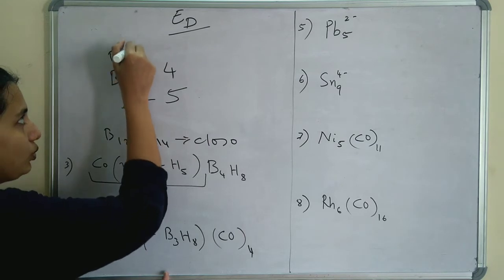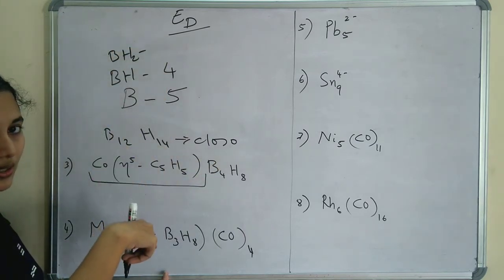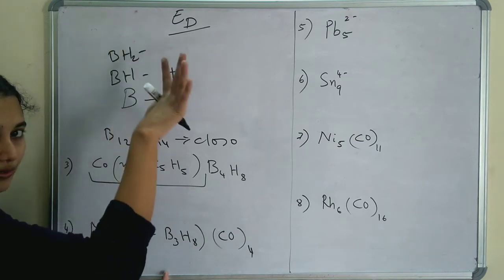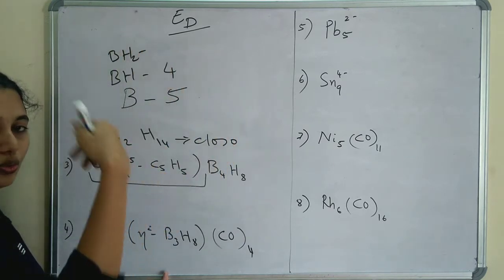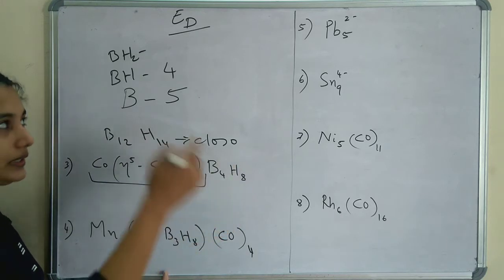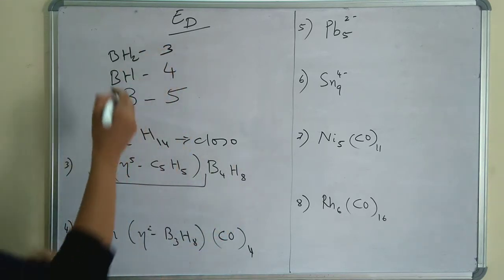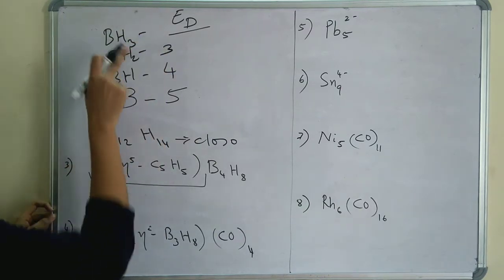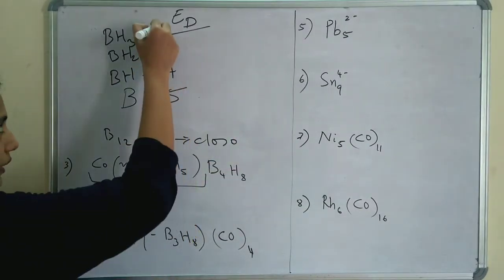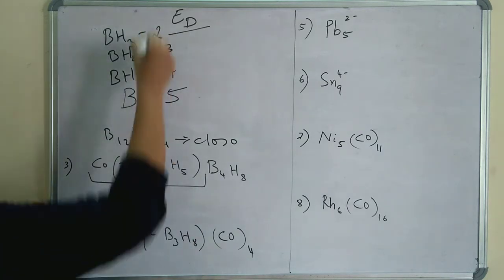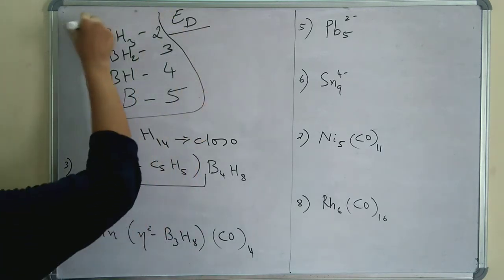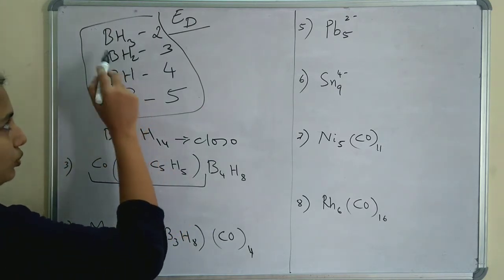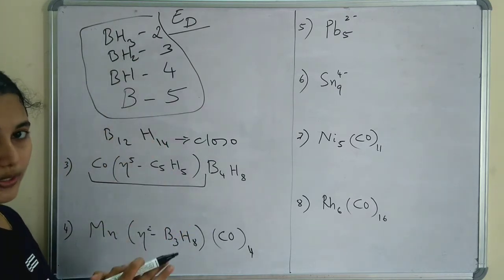Now BH2: 3 plus 2, 5 electrons, so we need 3 more to attain octet. Now BH3: 3 plus 3, 6, so we need 2 more electrons. So this is the table of electron deficiency of B, BH, BH2, BH3.